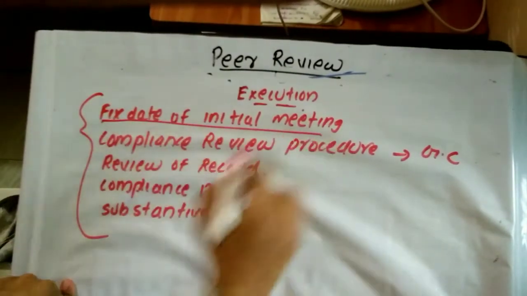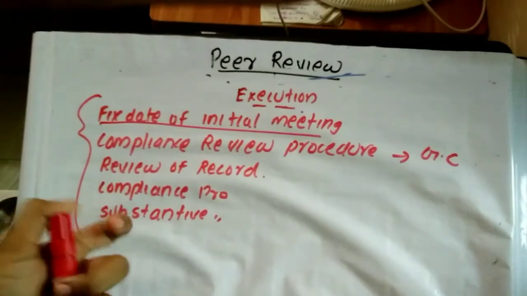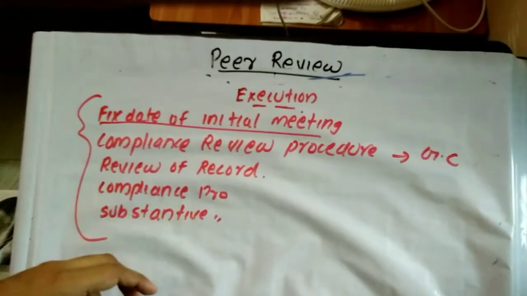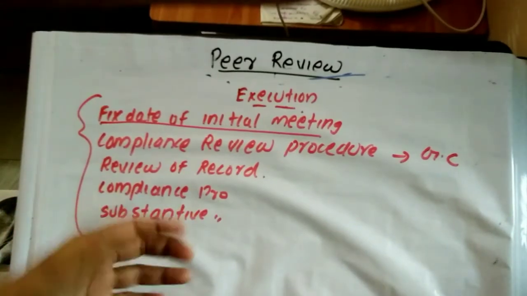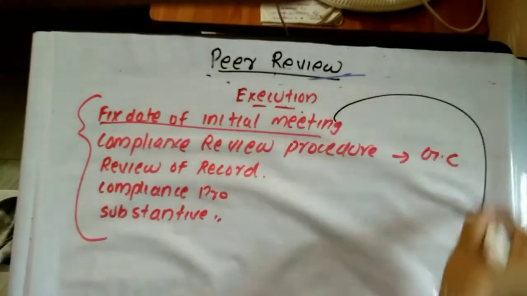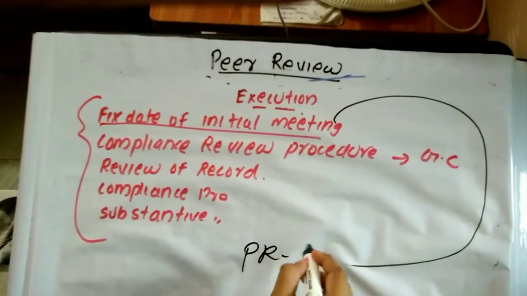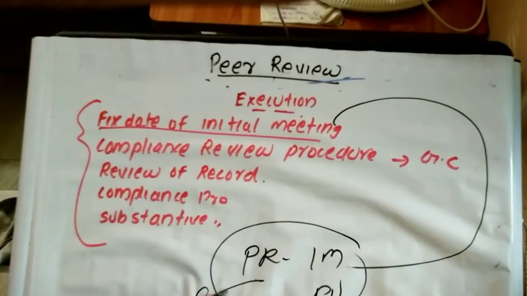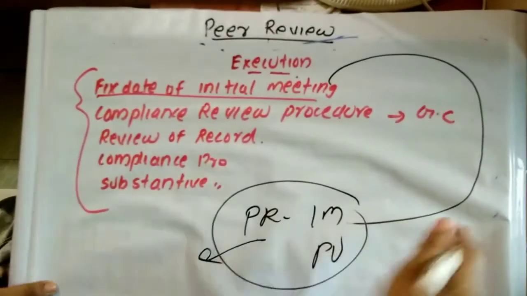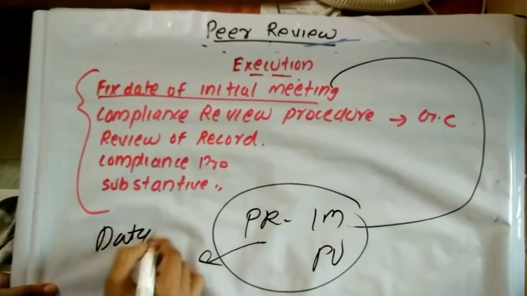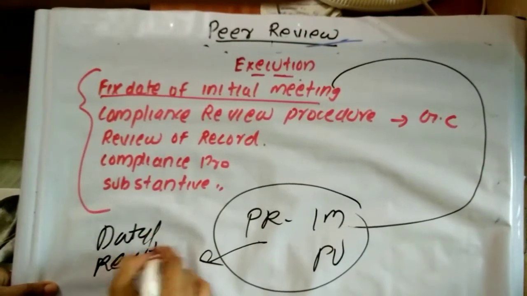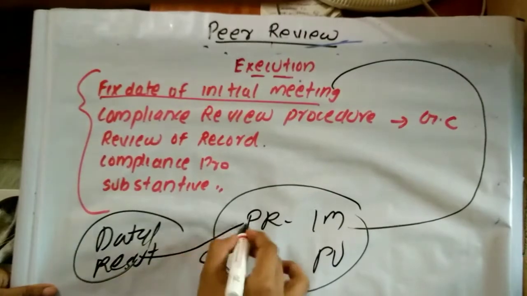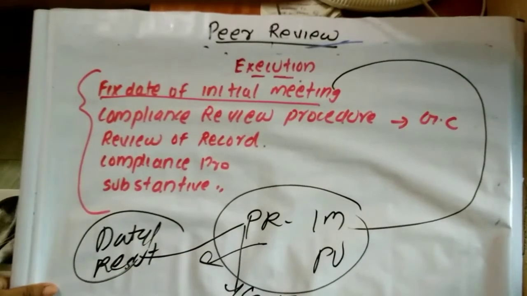First, they determine the date of the initial meeting. My question is, why is the peer reviewer conducting an initial meeting with the practicing unit? This is mainly for the purpose of determining whether the data or result obtained by the peer reviewer from the questionnaire is correct.